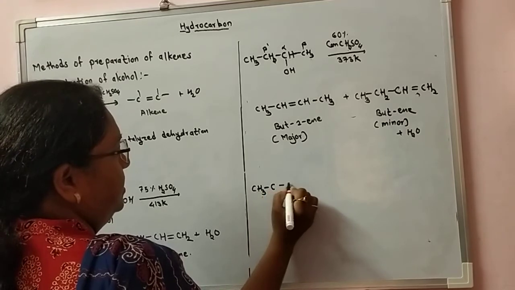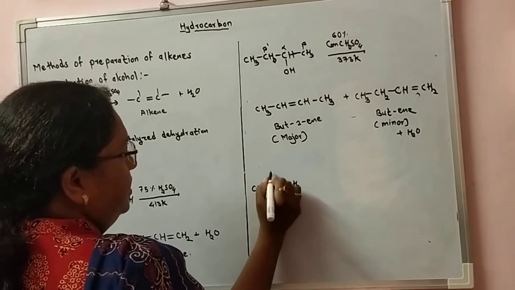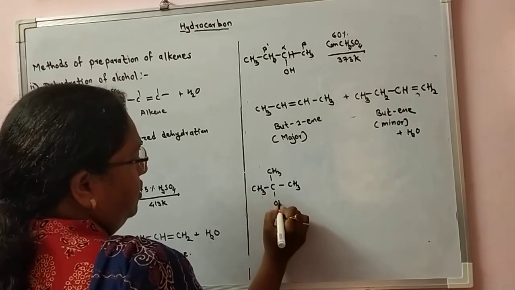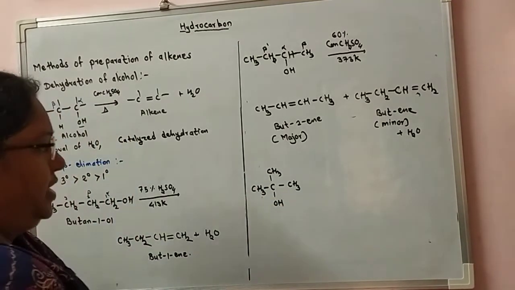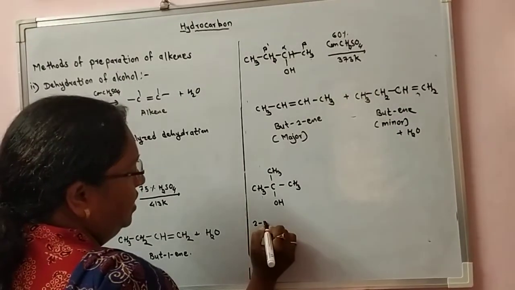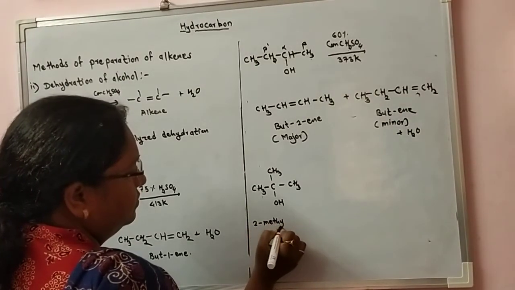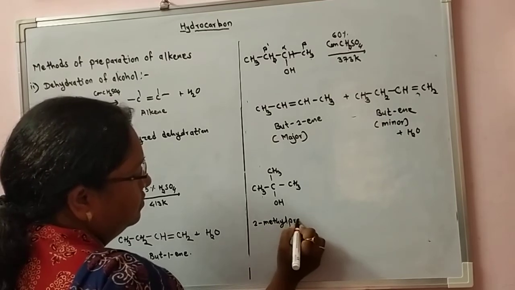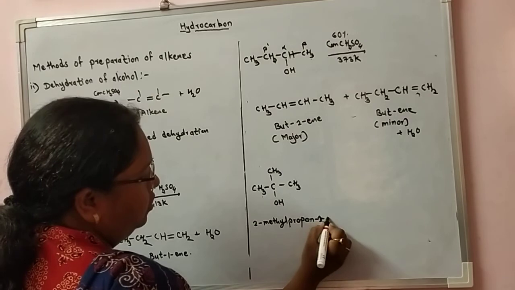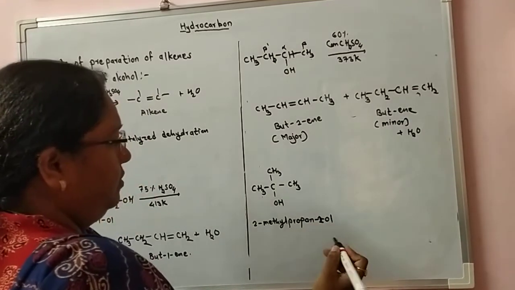CH3, this is a tertiary grouping, and to this a hydroxyl group is attached. The common name is tertiary butyl alcohol. The IUPAC name is 2-methyl propane 2-ol.